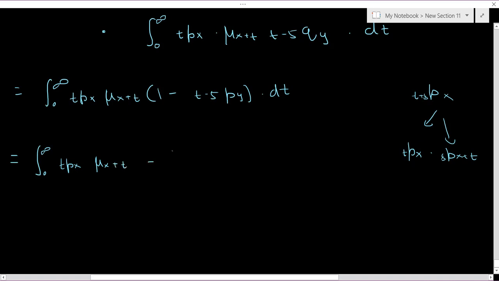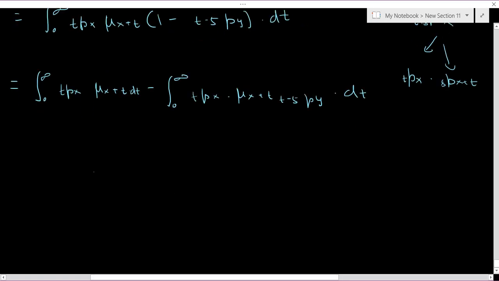Now going from 0 to infinity, I'll have tpx into mu x plus t, minus the integral from 0 to infinity of tpx into mu x plus t, of course with a dt here and a dt here, and I'll have t minus 5 py, right? Now, if you observe it carefully, the first part is the probability that x dies in an infinite period of time.